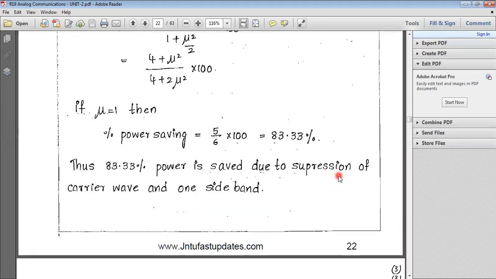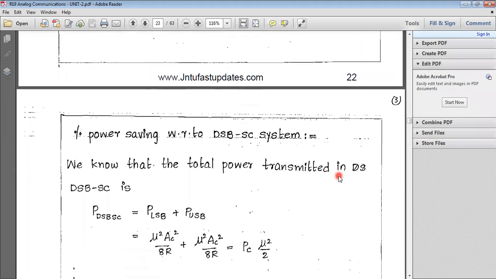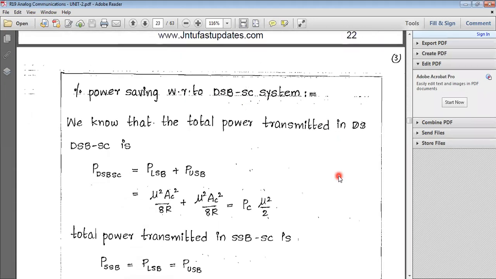Now, put aside the heading: percentage power saving with respect to DSBSC. In the previous case, we observed power saving with respect to normal AM, that is DSBFC, double sideband with full carrier. Here we observe the power saving with respect to DSB-SC.